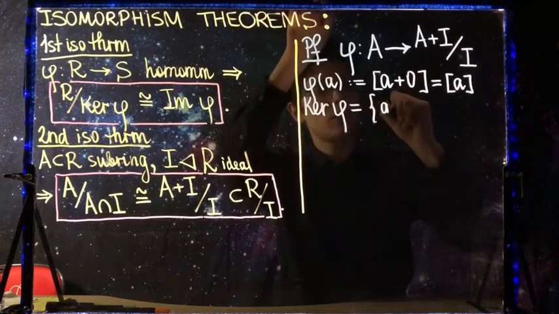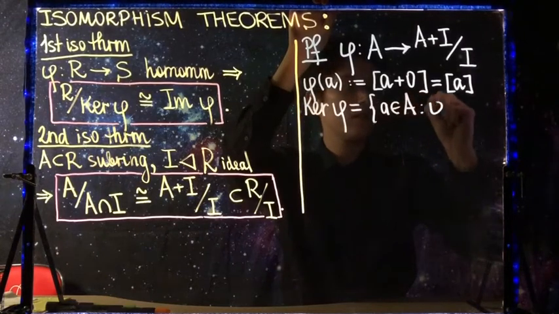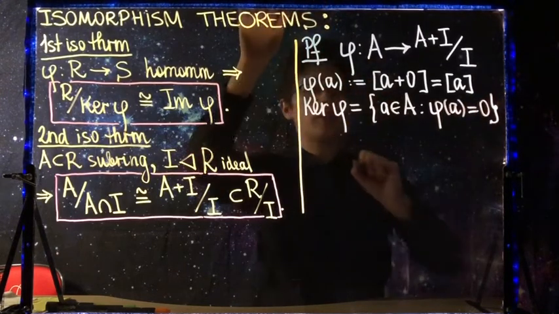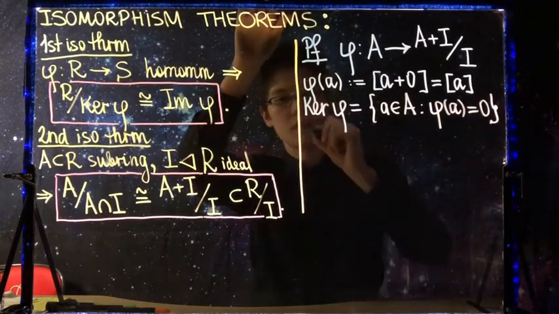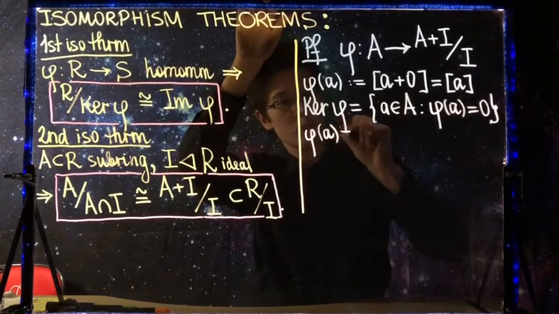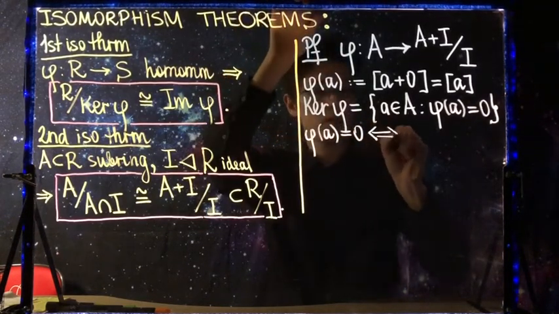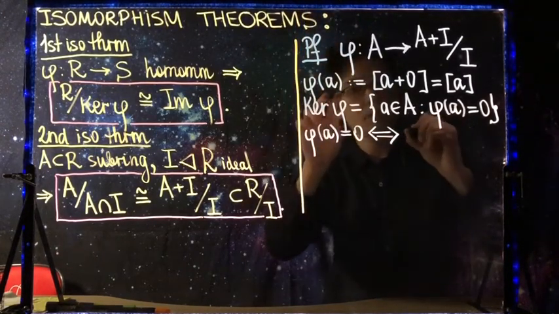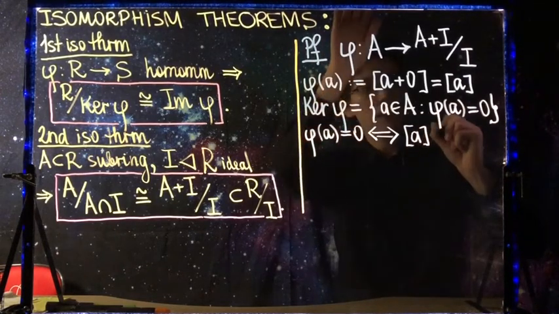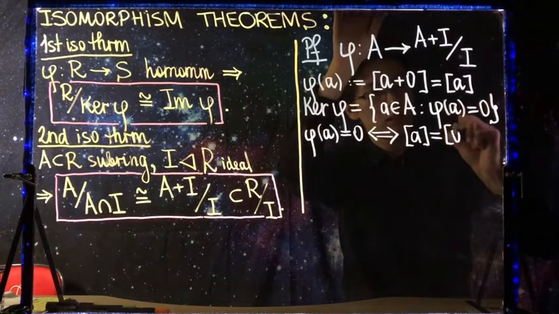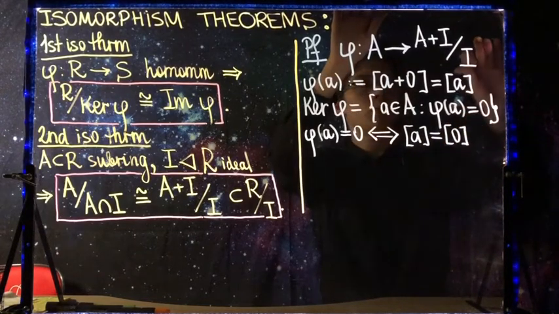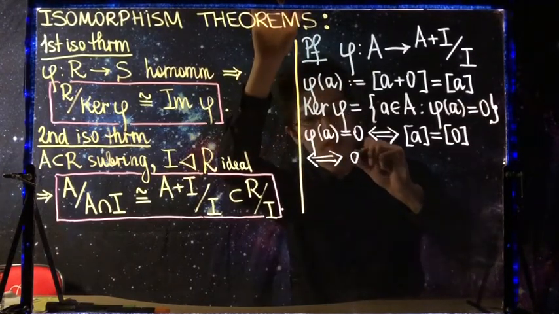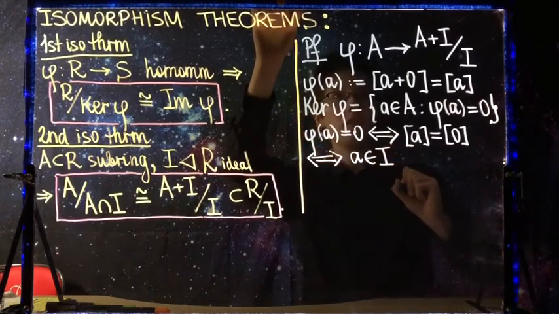The kernel consists of these elements inside A which are killed by phi, and if we have such an element, it is the same as saying that by definition of phi, a is equal to 0 in the quotient ring, which means that a lives in the ideal.